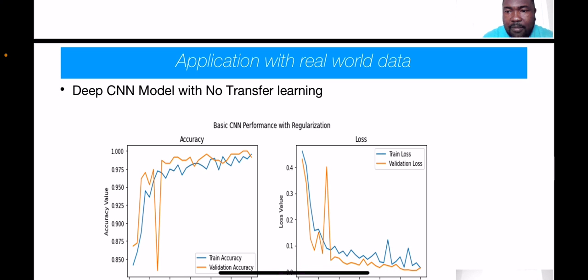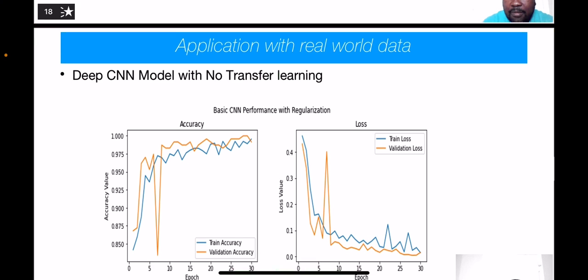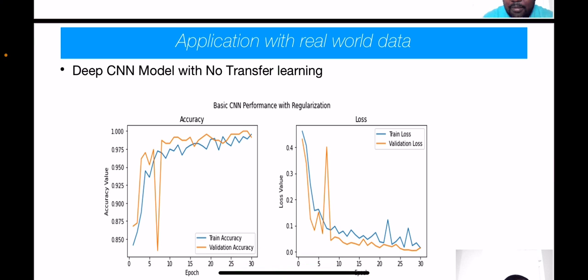The first deep convolutional neural network that I worked with as a base model was just a CNN and VGG with some regularizations. It actually performed really well, as you can see from the learning curve.